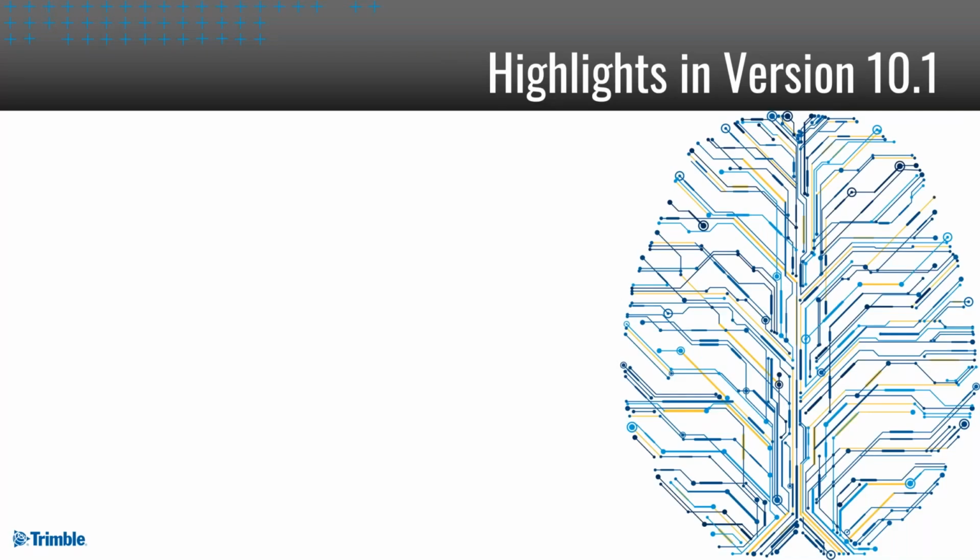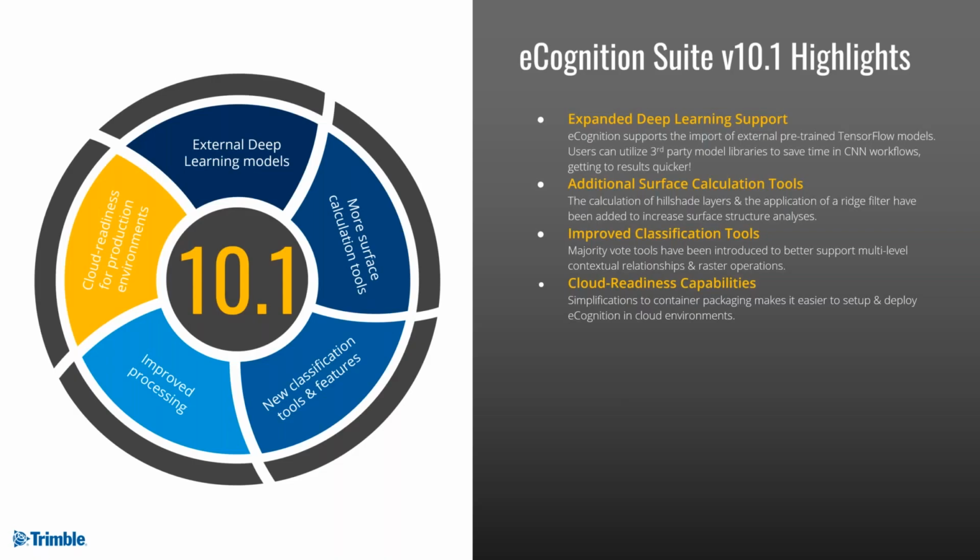So now, getting into version 10.1, what are some of the highlights? What have we been working on that went into this version? I was actually really pleasantly surprised when we wrapped it all up at the end of the day. We had several focus areas here. One is extending our deep learning support, and I'm going to get into details on these in just a moment.